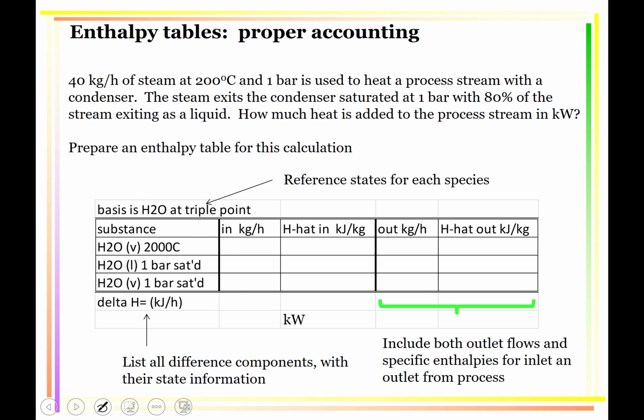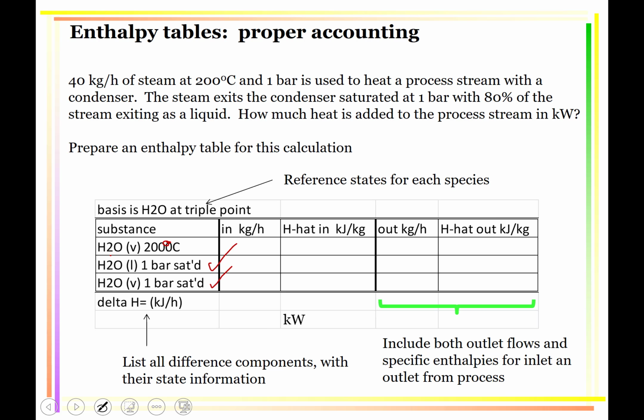Now this is not 2000 C, it's 200, and this should be a superscript, degrees C. So we have water vapor at 200 degrees C, liquid water saturated at 1 bar, and vapor water saturated at 1 bar.